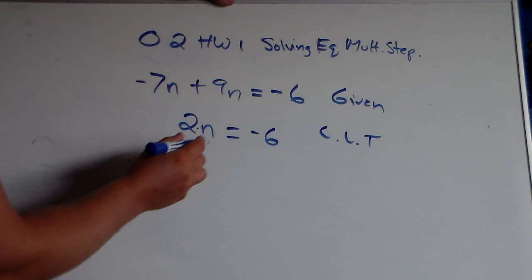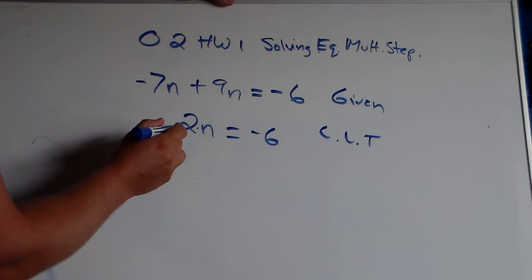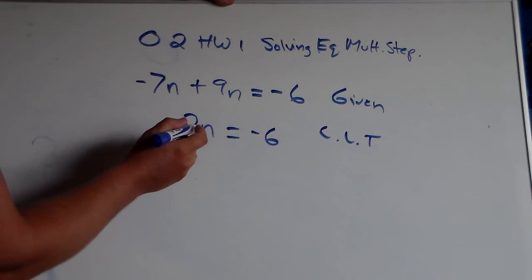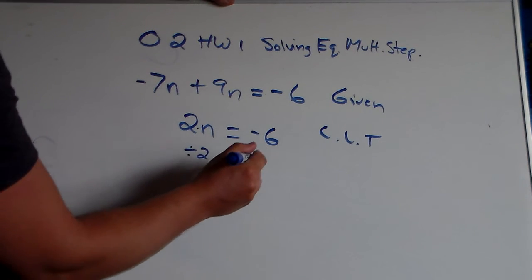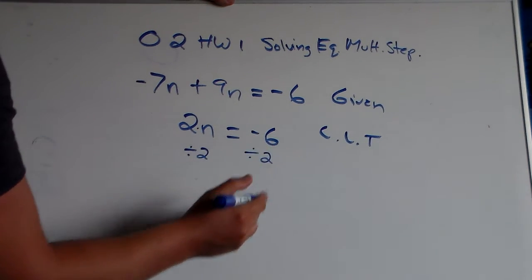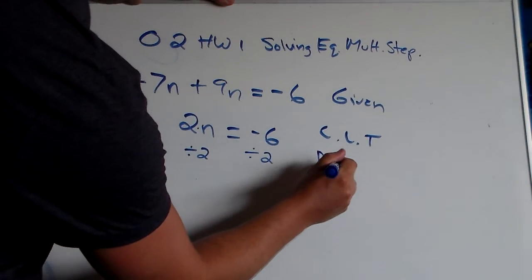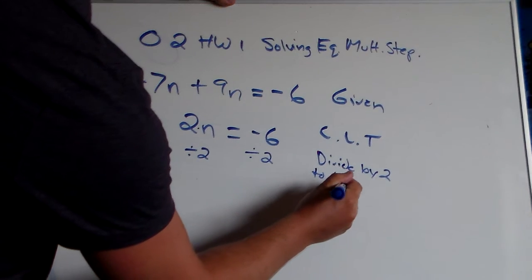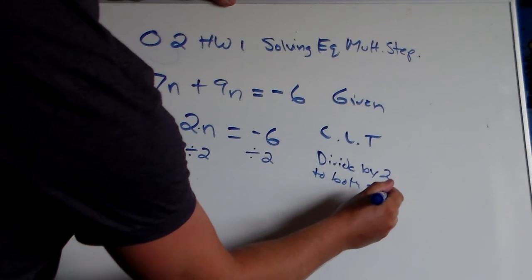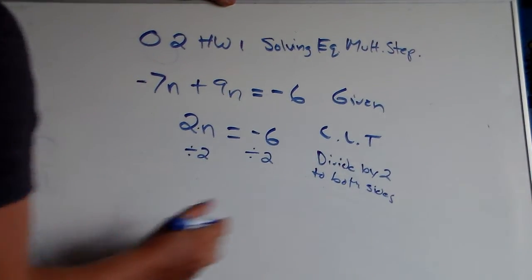Now we have a times 2n, or sorry, 2 times n. So the inverse operation of times 2 is divide by 2. So it's divide by 2 to both sides of the equal sign.